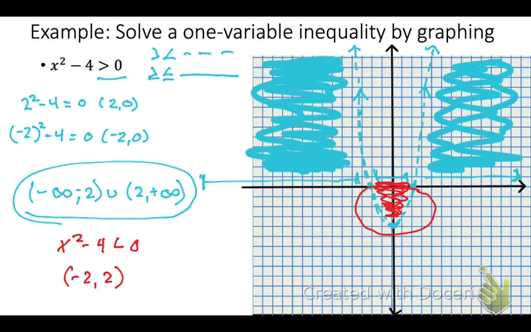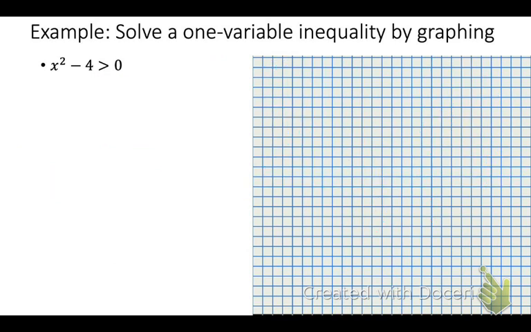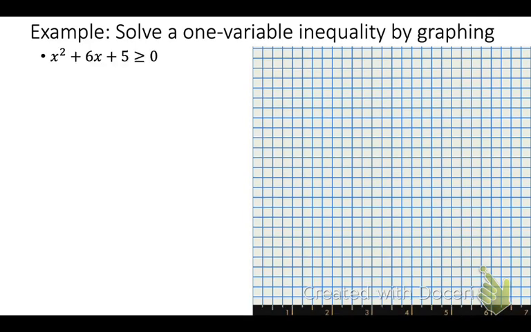Okay, so let's do another one. I have x squared plus 6x plus 5 is greater than or equal to 0. Solid or dashed line? Solid. Greater than means above the x-axis. Okay, so we're going to start by making our x and y axis, correct?